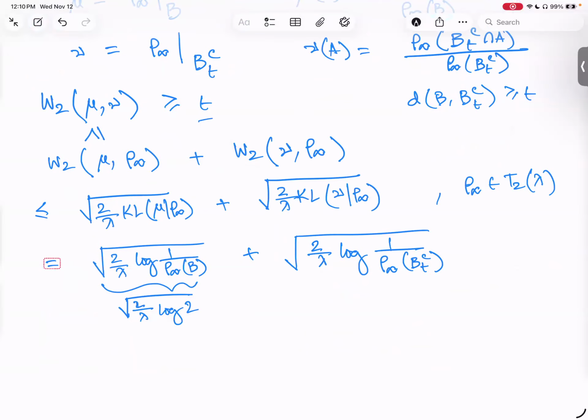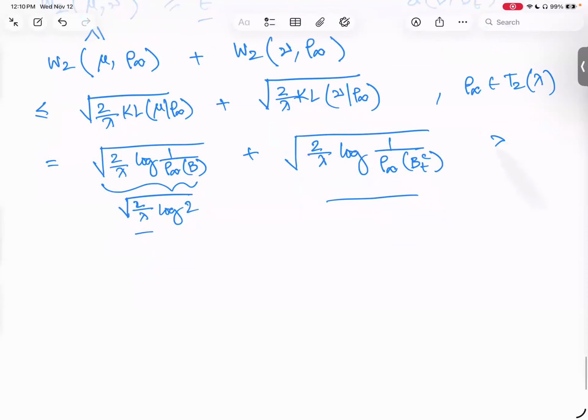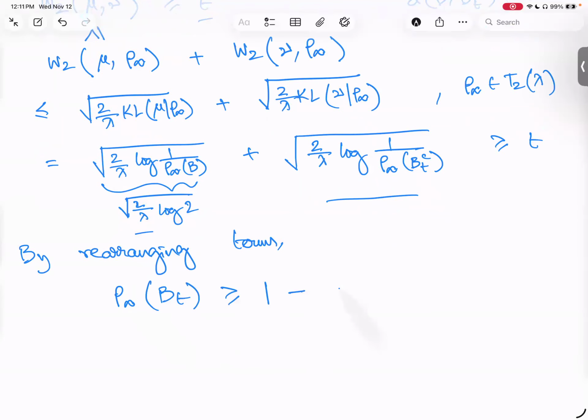And so, from the fact that T is bounded by this and that, I can rearrange terms and get a bound on rho infinity of B_T. The sum of these two is greater than or equal to T, so by rearranging the terms, I get that rho infinity of B_T is greater than or equal to 1 minus e to the power minus lambda over 2 times T minus square root of 2 log 2, squared.